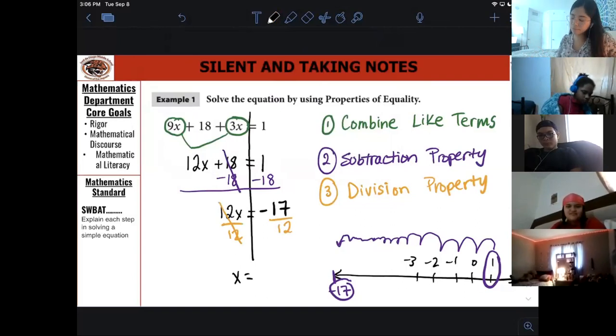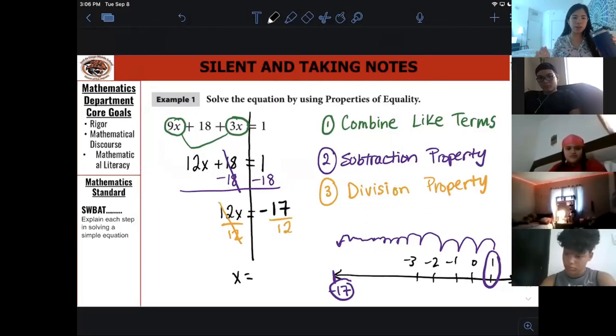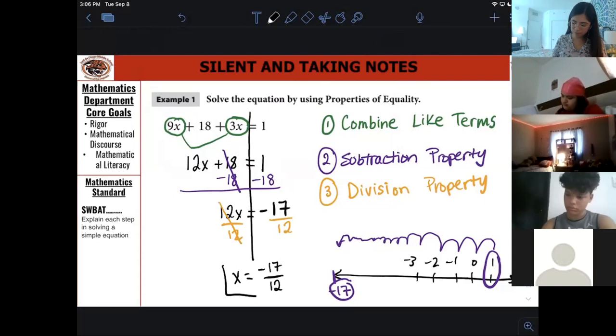A fraction. Mm-hmm. Do I need to change it or make it look different or leave it exactly like that? Leave it as is. Exactly like that. You do not need to make it a decimal. You do not need to make it a mixed fraction. You just keep it as an improper fraction.